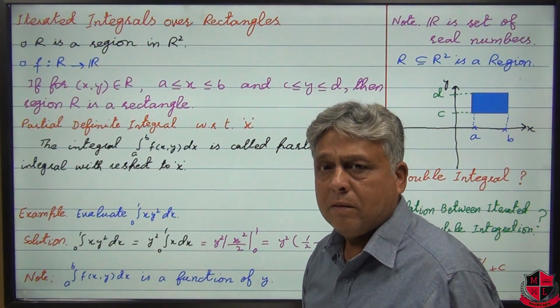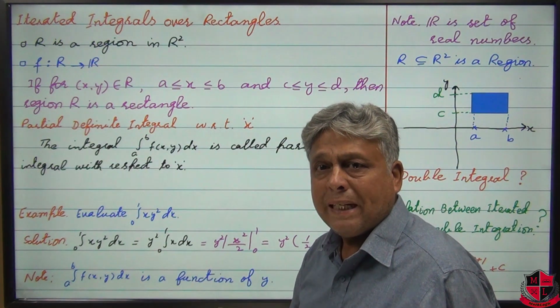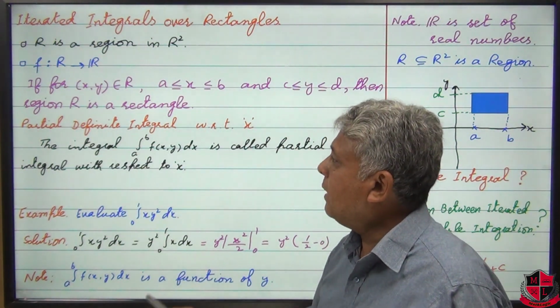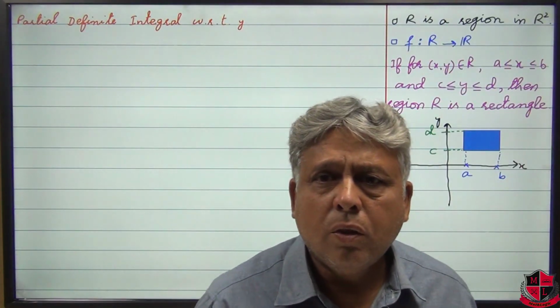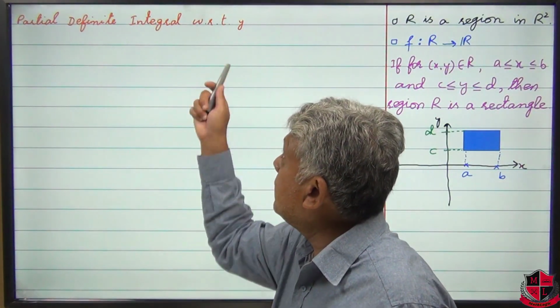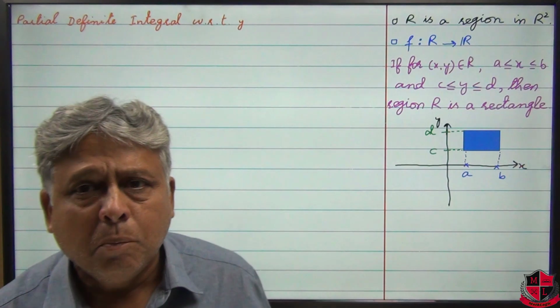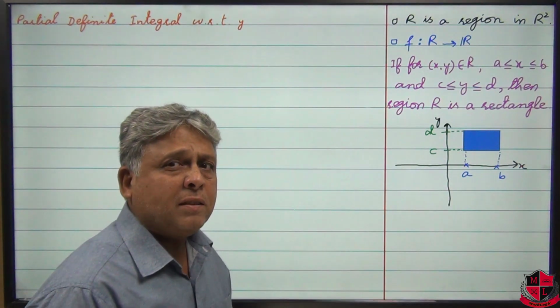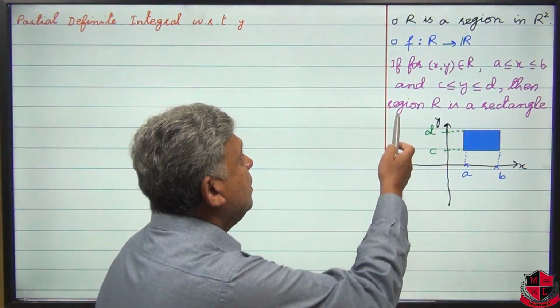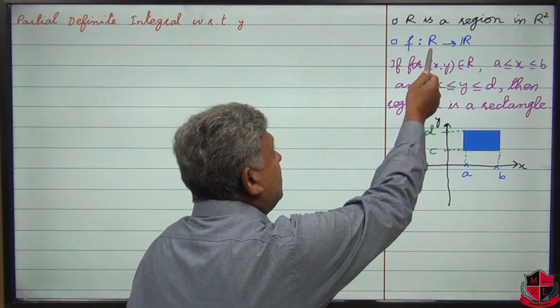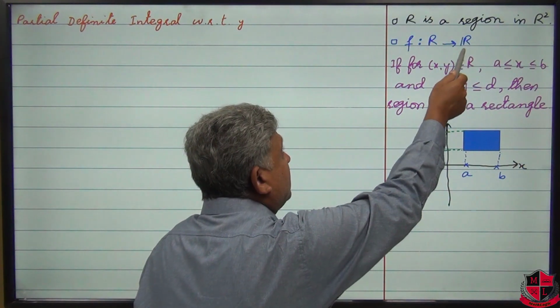On the same lines, you may guess that I am going to define the partial definite integral with respect to y. So let us define the partial definite integral with respect to y. Before defining it, the basics are the same. We have a function f from a region R to the set of real numbers.